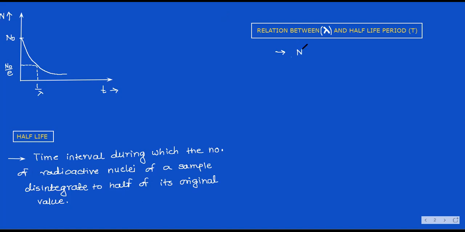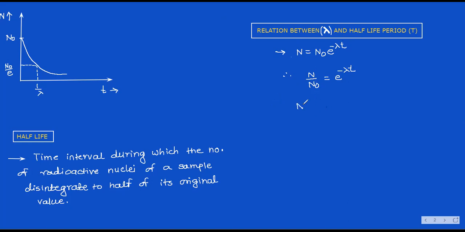So I am transferring this N naught to this side, so N by N naught is equal to e power minus lambda t.